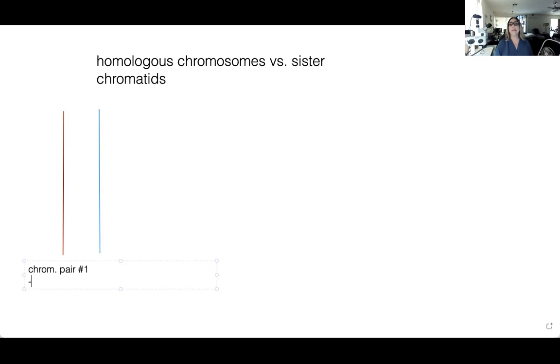So let's say that chromosome pair number 1 has a gene for eye color. Okay, so remember the chromosome I showed you from the slide, it has all those shaded regions. Those are different genes. They all code for different traits. This one, chromosome pair number 1, let's just say it contains the gene for eye color.